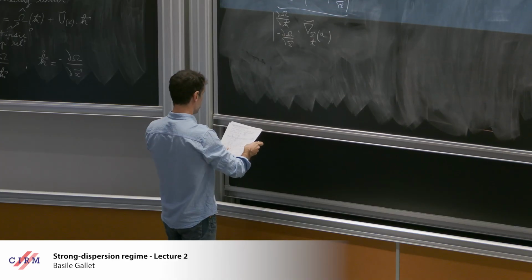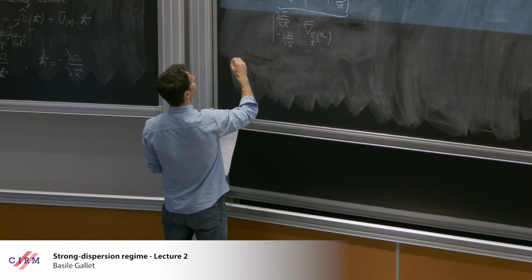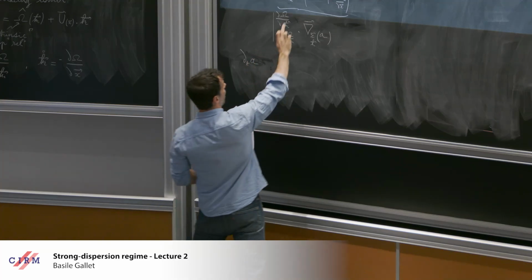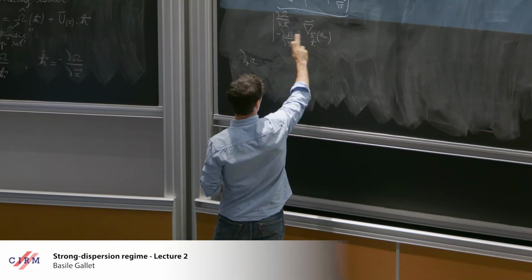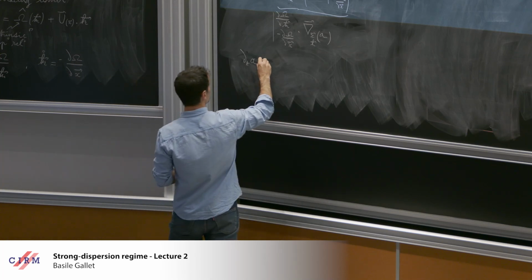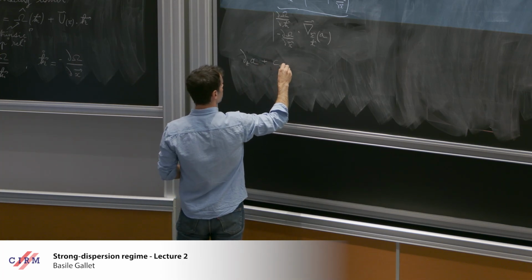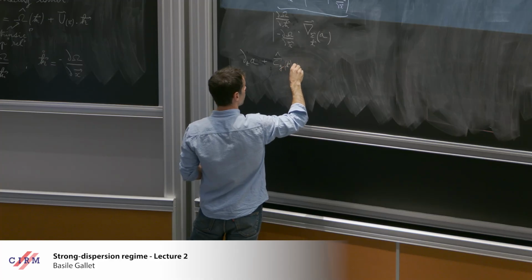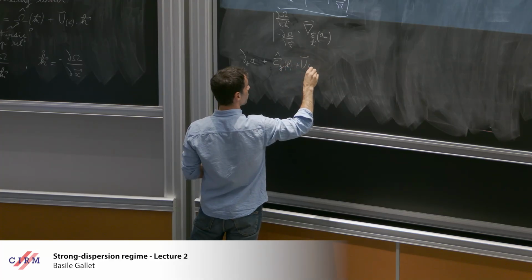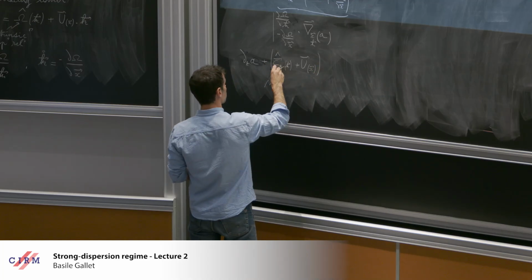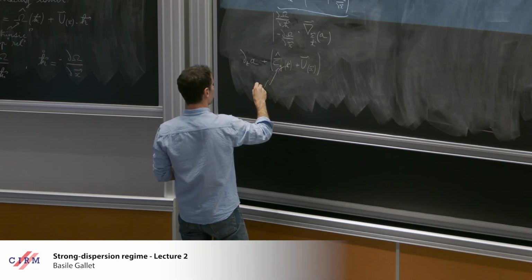And maybe I'm going to write it as dt of A plus d omega dk dot grad A, grad in space. D omega dk is Cg hat, which is just a function of k, plus u of x. This is the intrinsic group velocity.